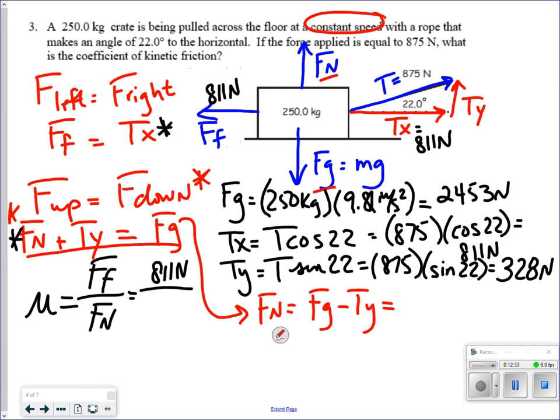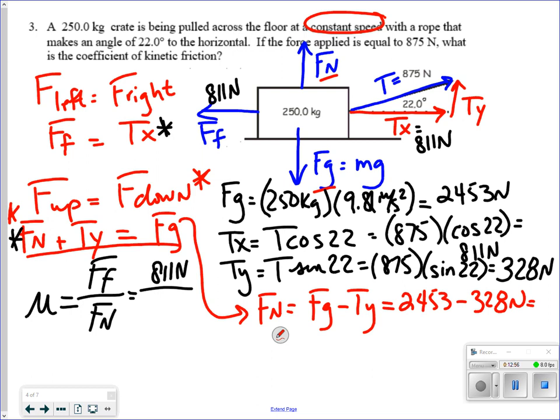It's not going to help you, with the exception of just knowing how to find gravity and how to find things like coefficient of friction and stuff like that. All right, so we've got, where did I put gravity? Oh, there you are. All right, 2453, and we're going to take away Ty, which is 328.